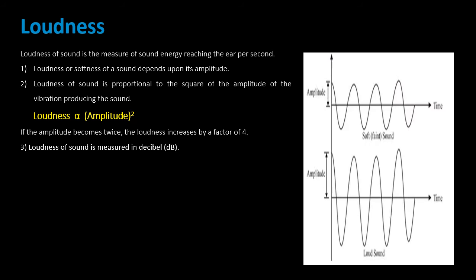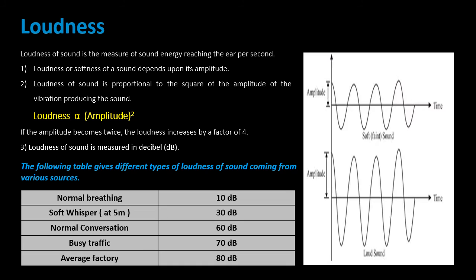Loudness is directly proportional to the square of the amplitude. That is, if the amplitude becomes twice, the loudness increases by a factor of 4. Loudness of sound is measured in decibels. The following table gives different types of loudness of sound coming from various sources.